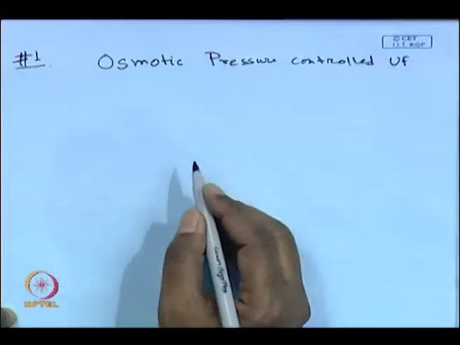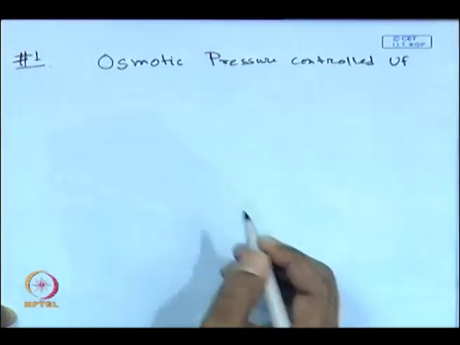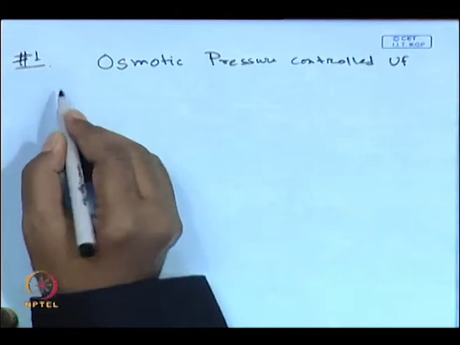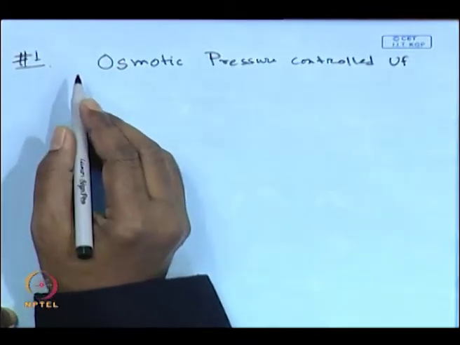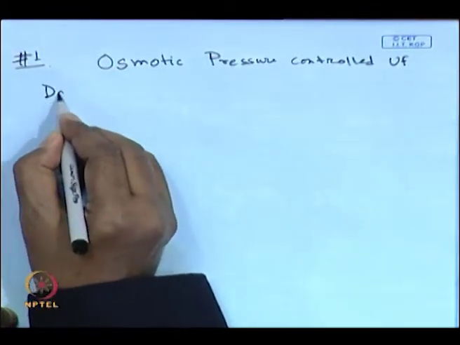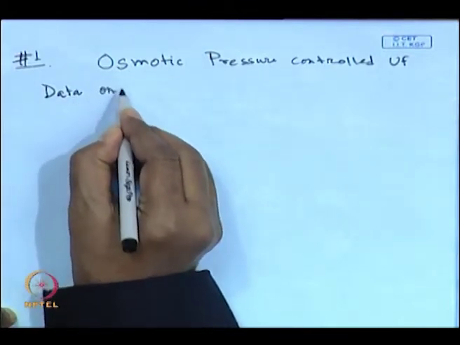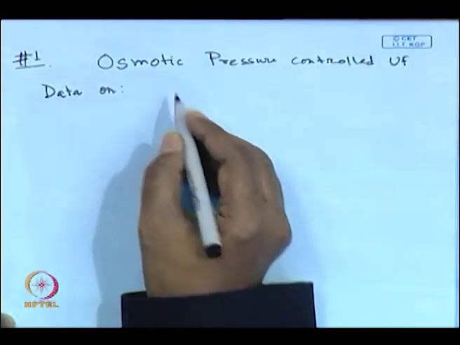Osmotic pressure controlled ultrafiltration. The first data given is permeate flux using pure distilled water.